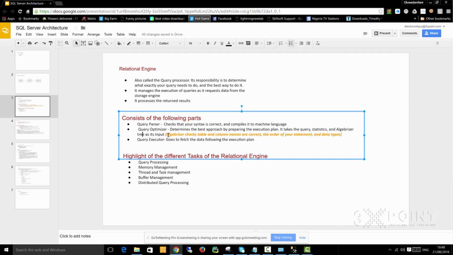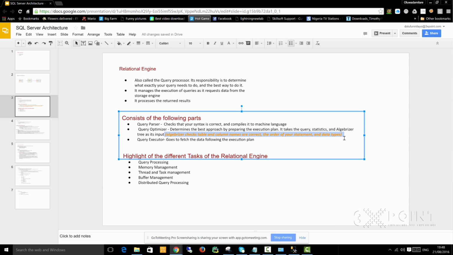Now, what do we mean by the algebraizer? That's the part where it checks the existence of the table and the column. It is not checking if your syntax is correct, because they mean two separate things.